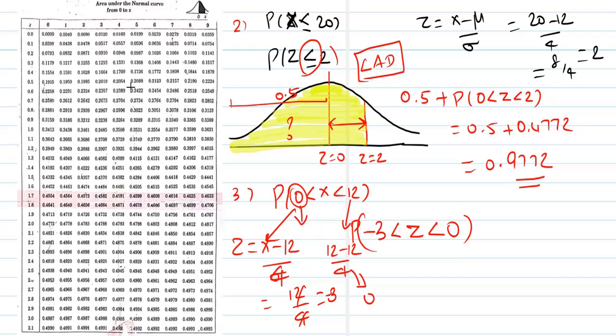So which is going to be the portion for me now to shade? So let me now draw the diagram and then plot the region. This is going to be my line z equal to 0, minus infinity to plus infinity. Where will the line minus 3 lie? This is going to be my line z equal to minus 3. I want the region between it. So I want this portion which is going to be between minus 3 to 0. But do you find any negative values in this table?